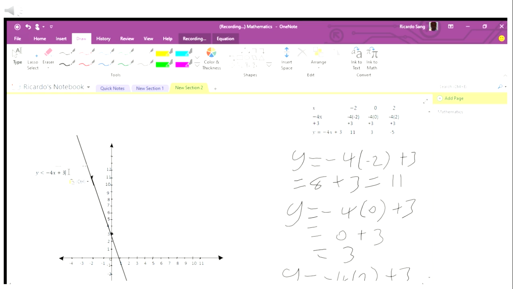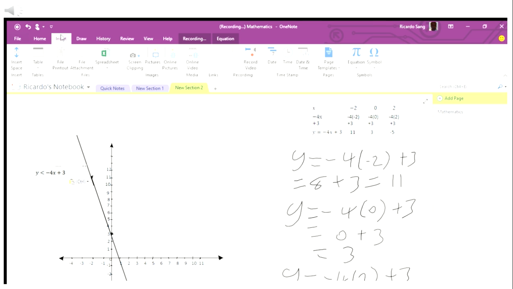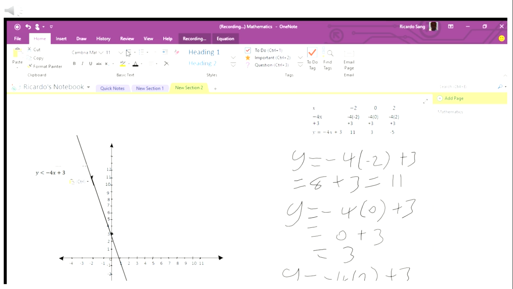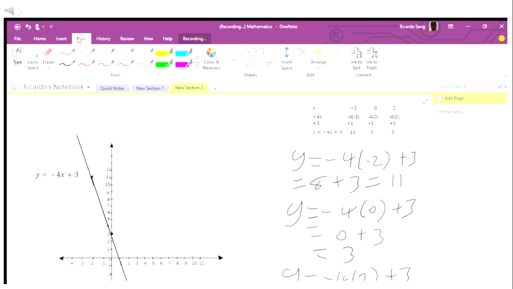Let's make that bigger. Over here, y greater than minus 4x plus 3.